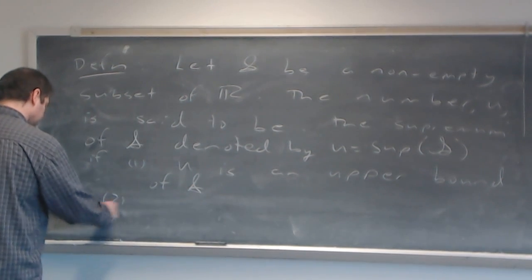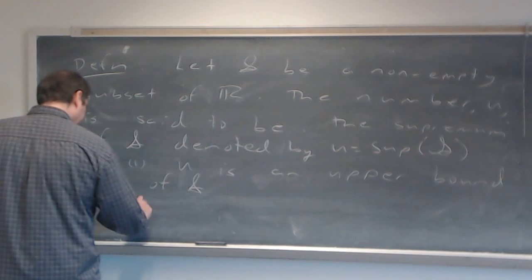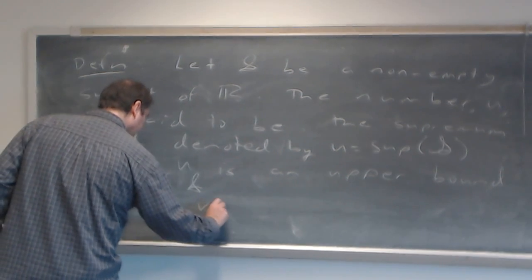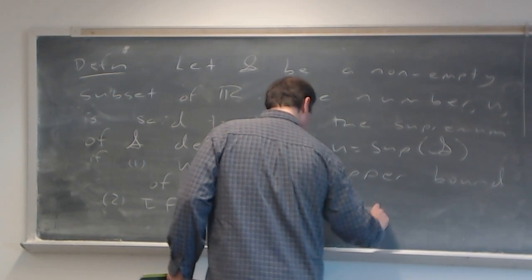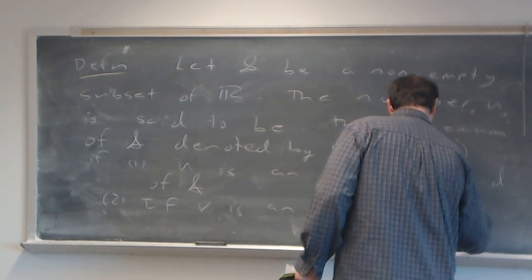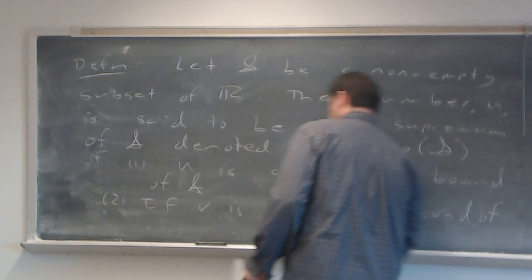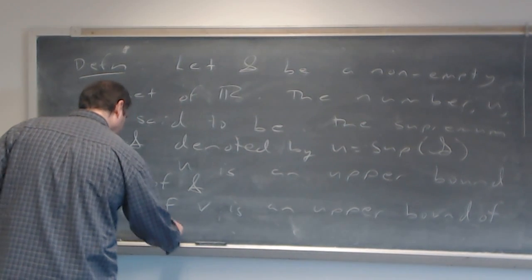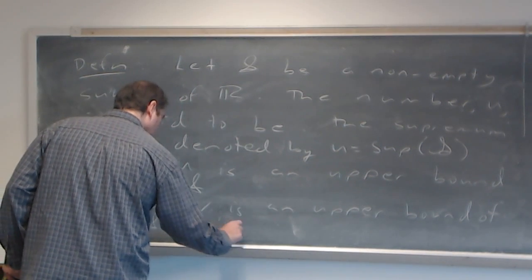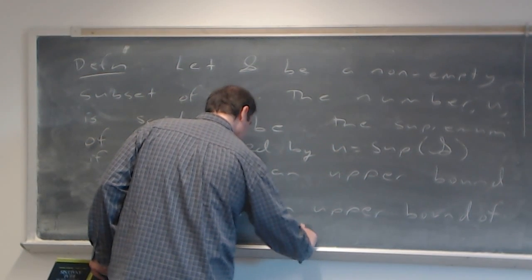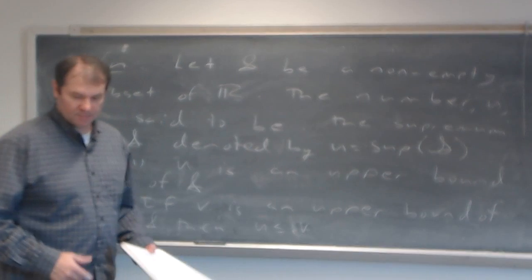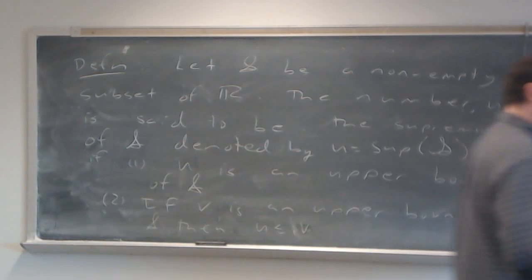And two, the second one is, if V is an upper bound of script S, then U is less than or equal to V. Okay, give everybody a second to write that down.